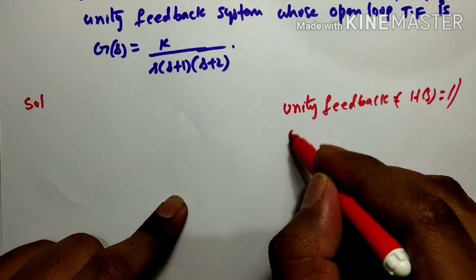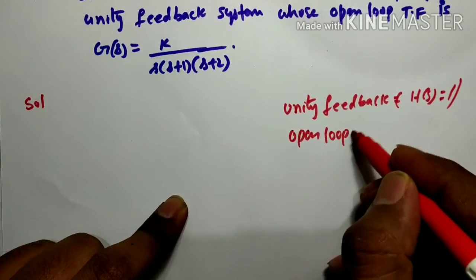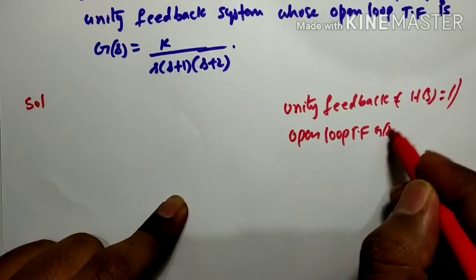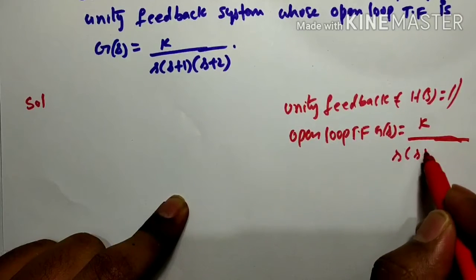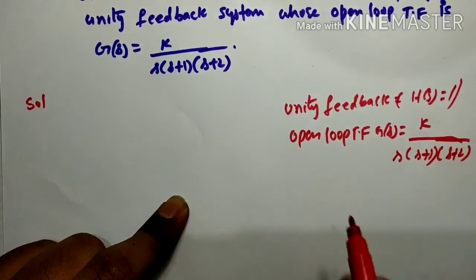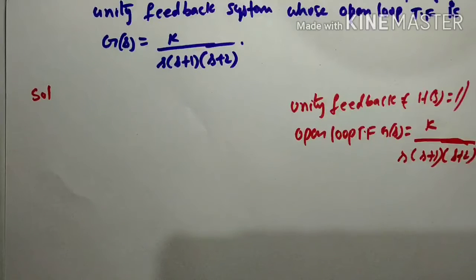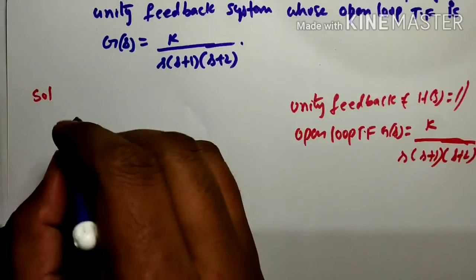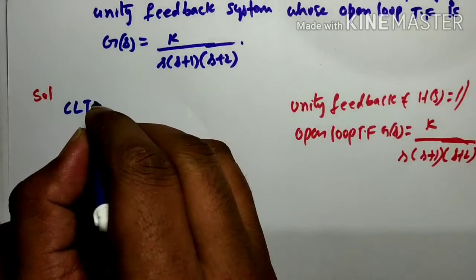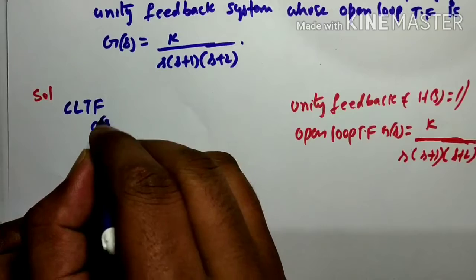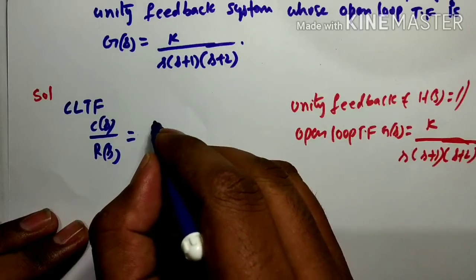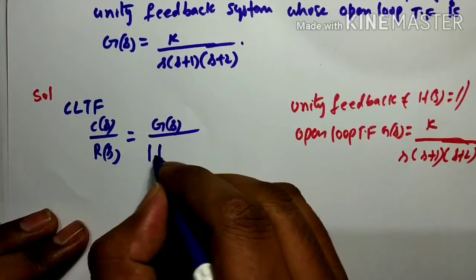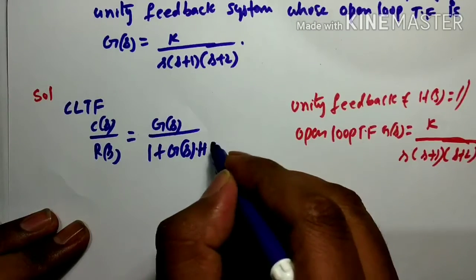So what is the open loop transfer function? Your open loop transfer function G of S is equal to K by S into S plus 1 into S plus 2, as already given. Now you know the closed loop transfer function: C of s by R of s is equal to G of s by 1 plus G of s into H of s.